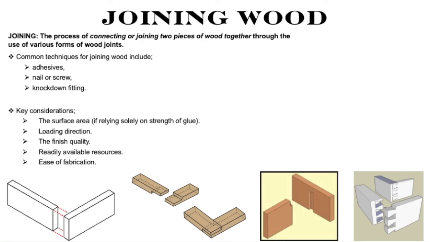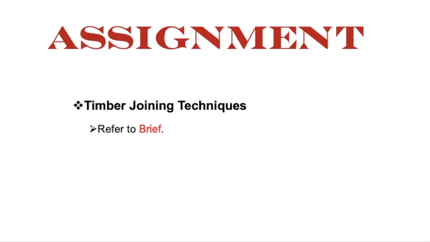This would be part of the things that you have to look out for when you are doing research for your joint techniques. That brings us to the end of that short intro on timber or wood joining techniques and the assignment that is linked to that.